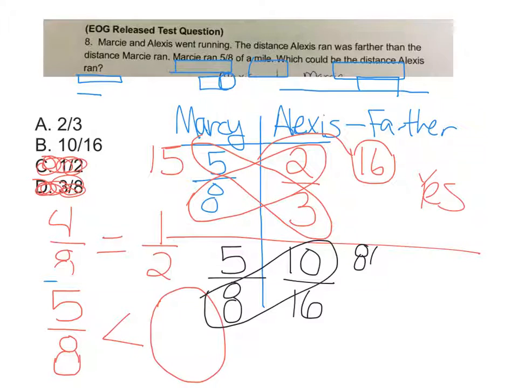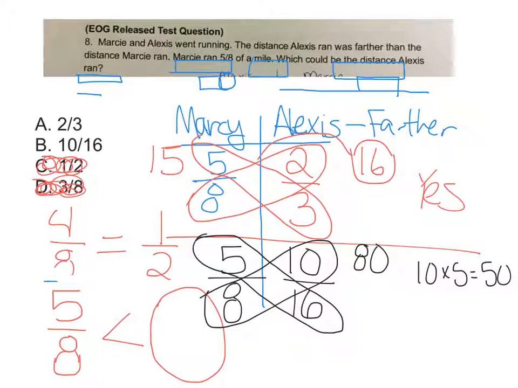That's going to give me 80. 16 times 5 is a pretty difficult problem, so let's break it up. 10 times 5 gives me 50, and 6 times 5 gives me 30. Together that will give me 80. So these two fractions are equivalent.